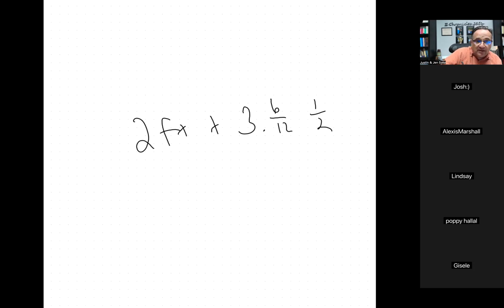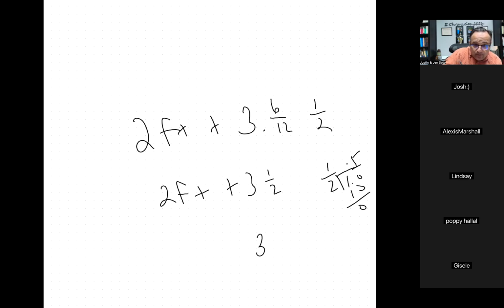So we have 2 feet plus 3.5 feet. Well, let's take the half and turn it to a decimal. So 3 feet 6 inches as a decimal is 3.5. So 2 plus 3.5 is going to be 5.5.